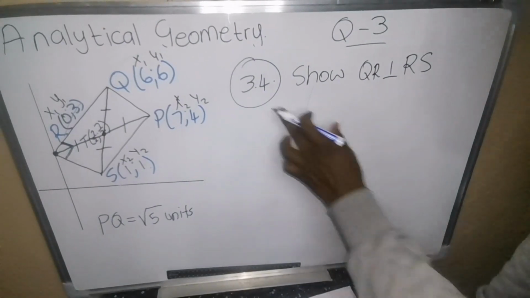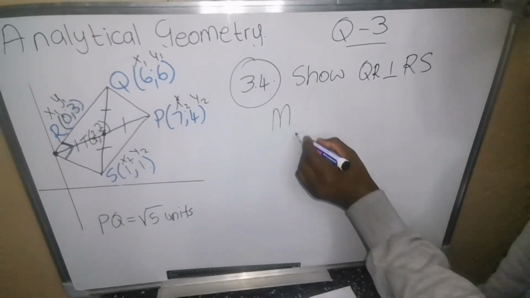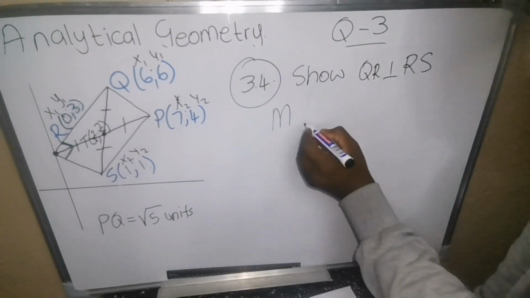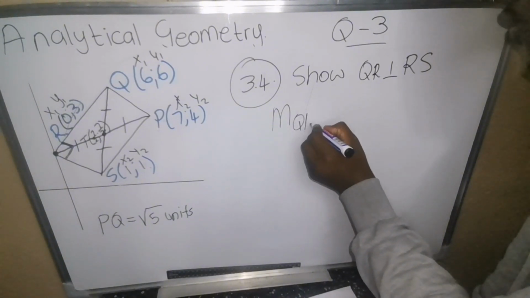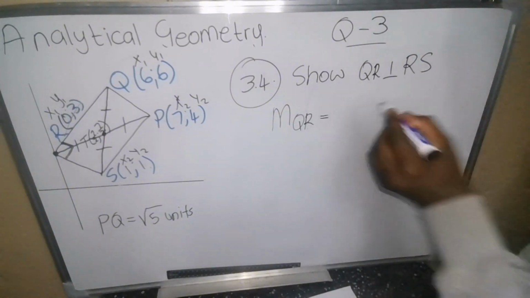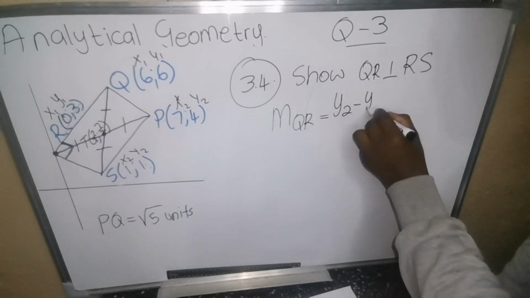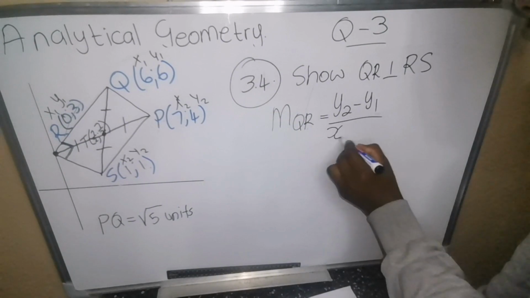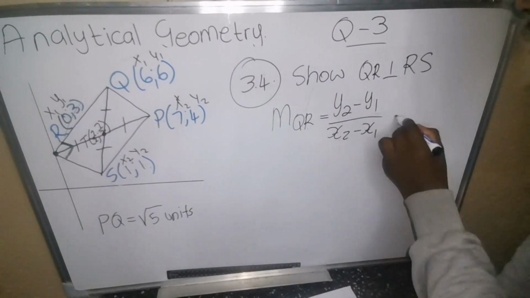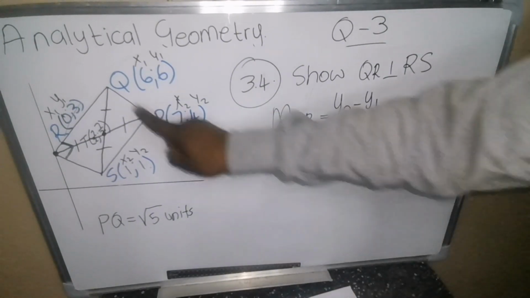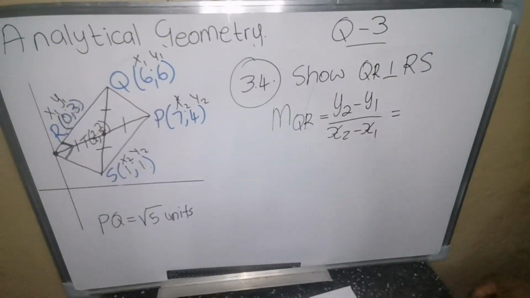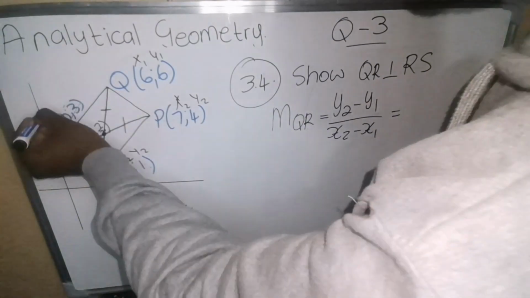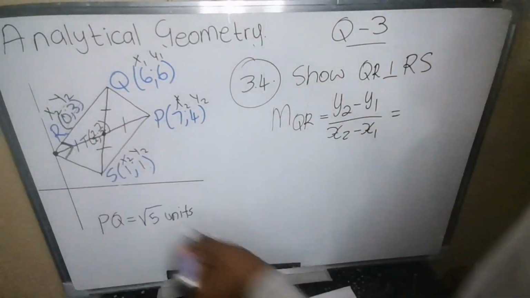You must find the gradient of each side, and when you multiply these gradients, it must give you -1. How about the gradient of QR? Gradient QR is equal to y2 minus y1 over x2 minus x1. I can label them: x1, y1, and x2, y2.